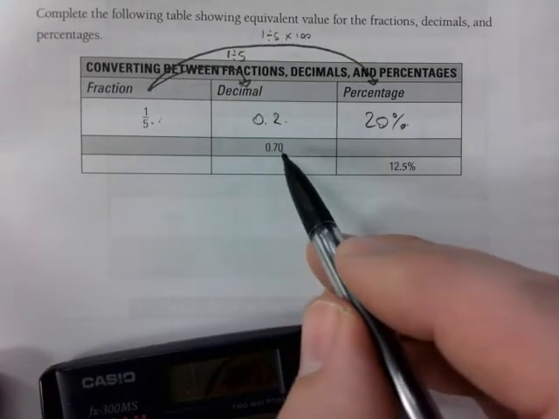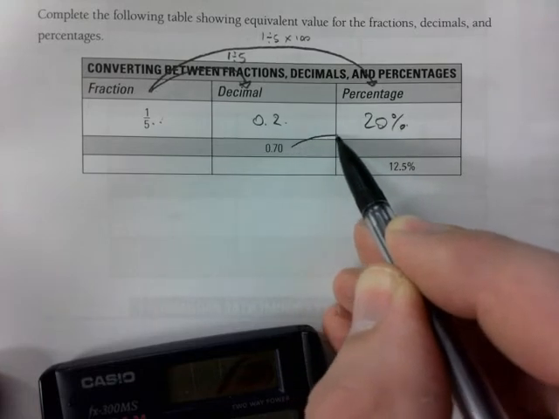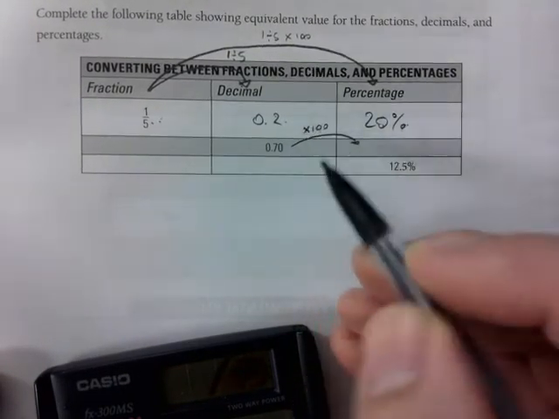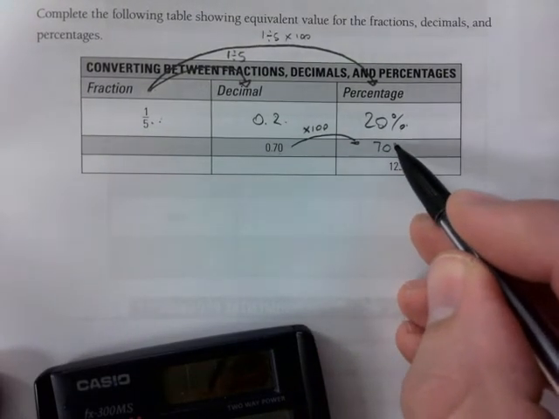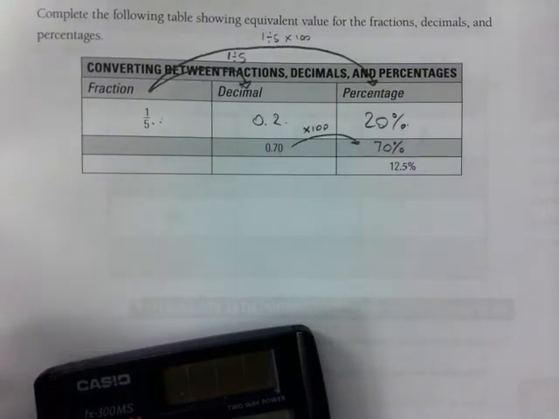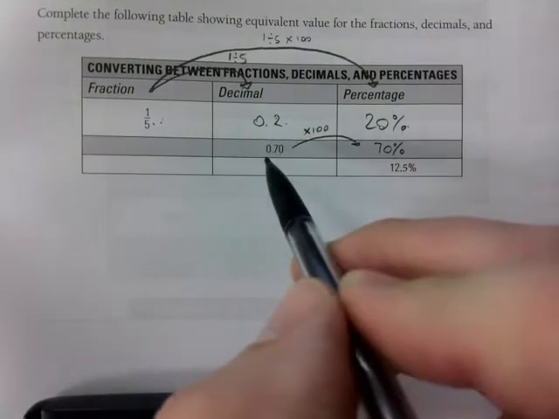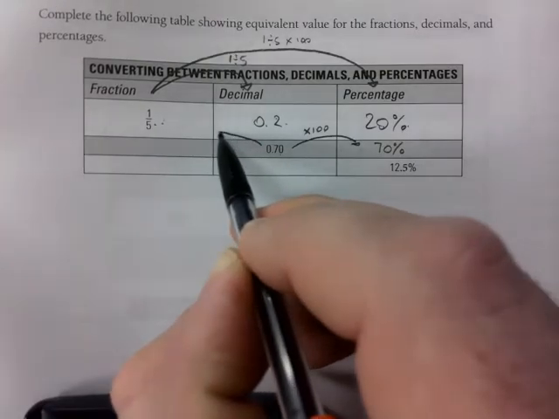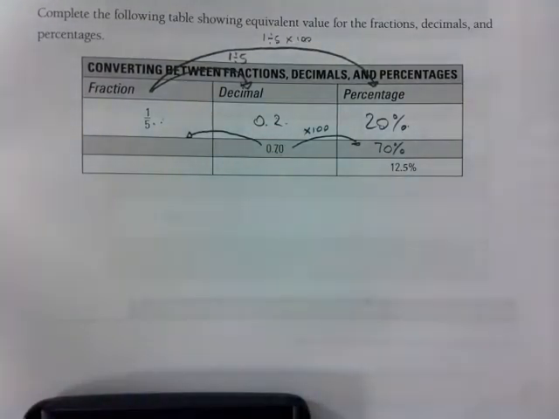Next, you got 0.70. We're going to go this way. We're going to go times 100. 0.70 times 100 gives you exactly 70%. And this is where it gets a little, I don't know if you remember this part. Decimal to fraction, yikes, right? Go over here. So we go from the original and then we go to the next.